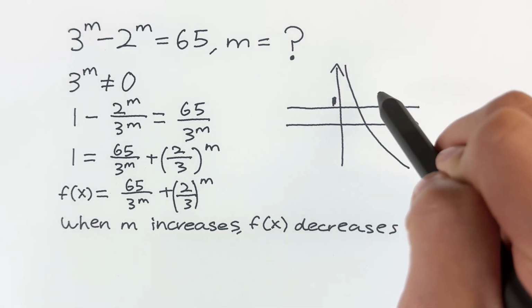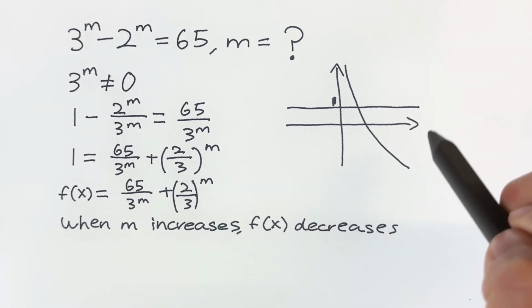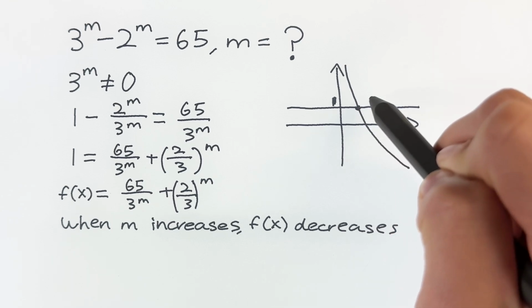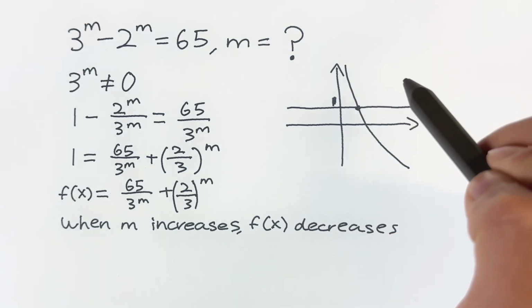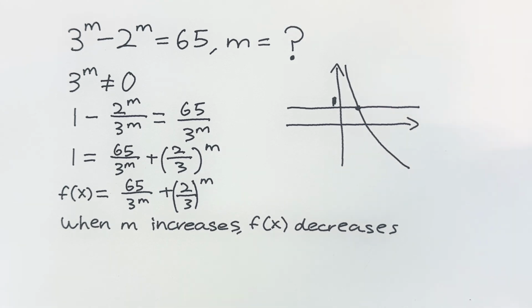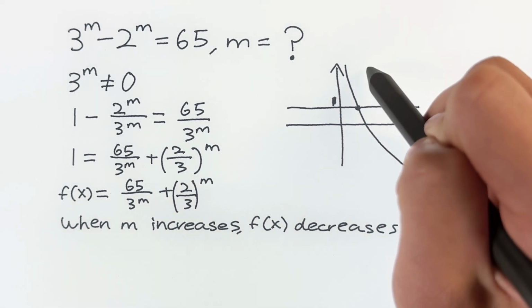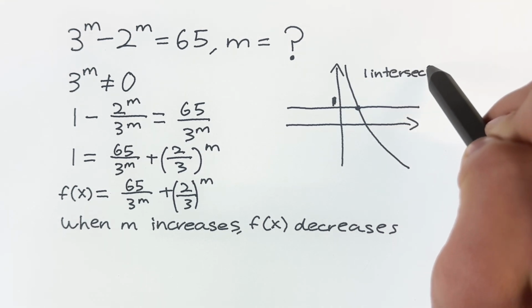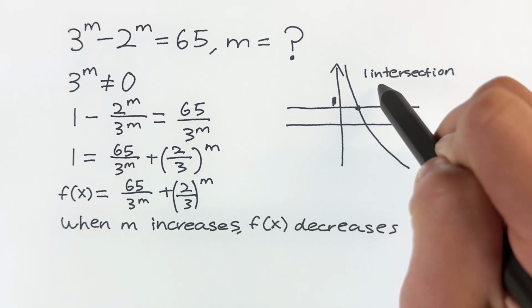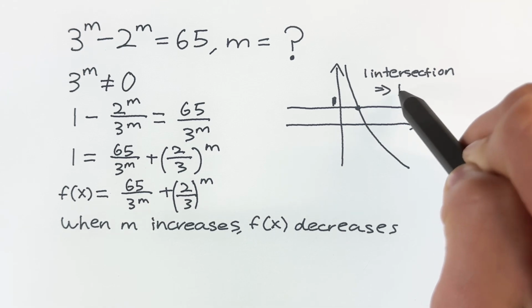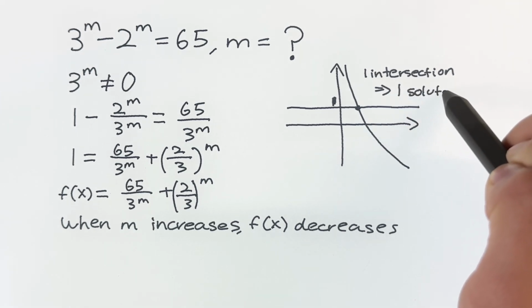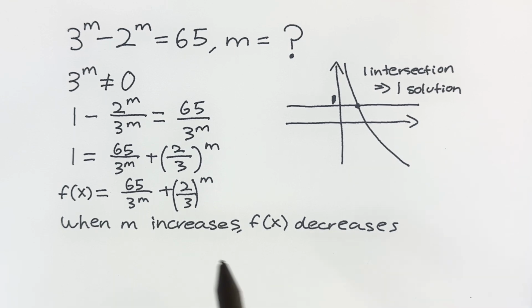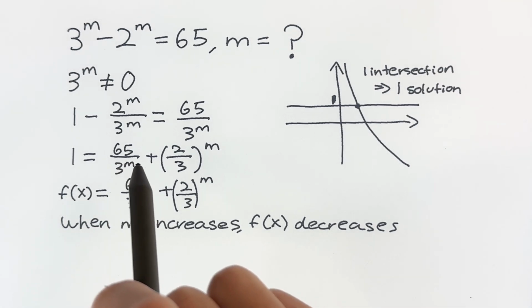So the function will look like this, and there will only be one intersection point, which means there's only one solution. So one intersection point gives us one solution.